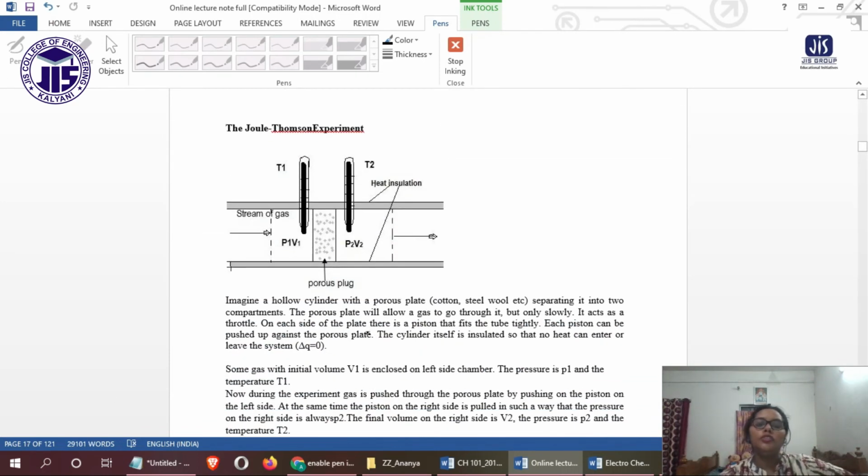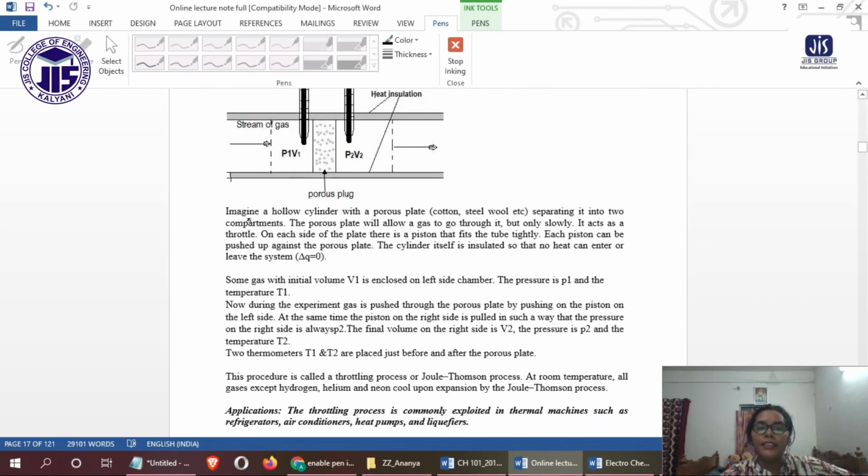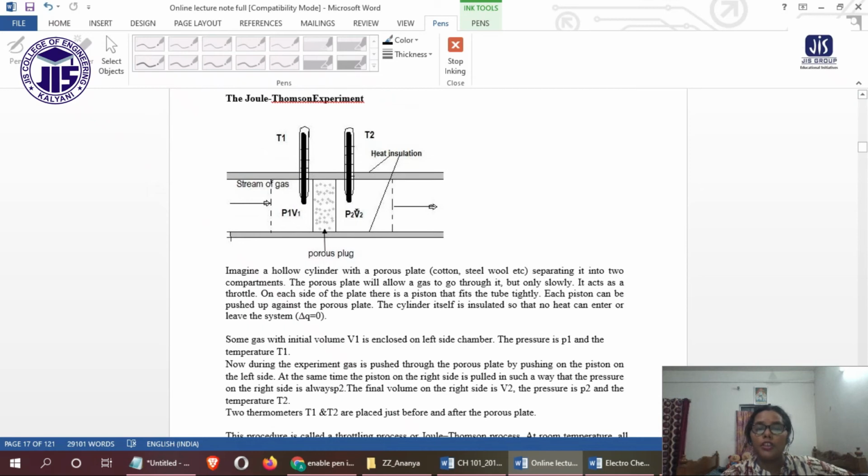Now, this is the Joule-Thomson experiment. Imagine a hollow cylinder with a porous plate separating it into two compartments. The porous plate will allow a gas to go through it, but only slowly. It acts as a throttle.